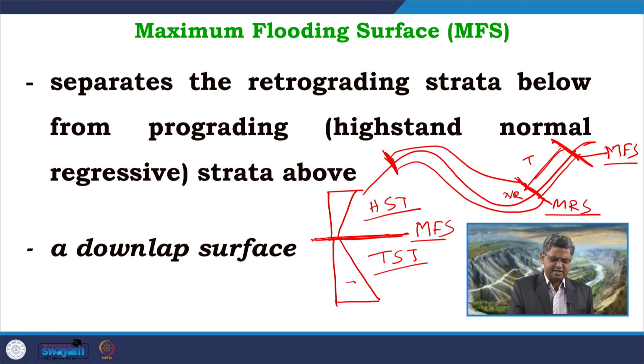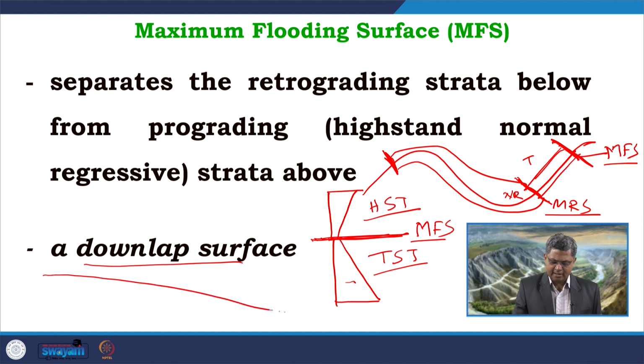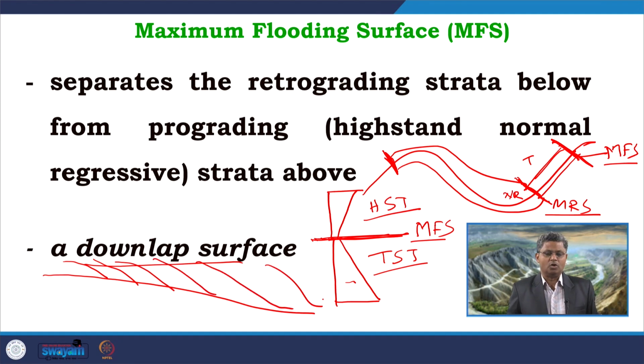This surface is always a downlap surface. Why? Because say this is the last surface formed at the end of the transgression. On this surface the next progradational package, the highstand normal regressive package, is forming, and when it is a normal regressive package, the clinoforms will prograde like this. When the clinoforms are prograding, this surface acts as a downlap surface.